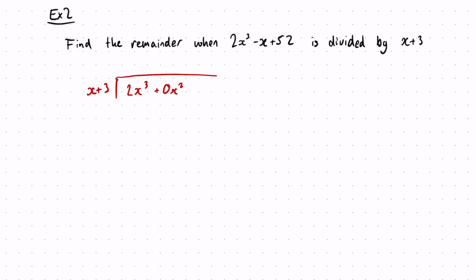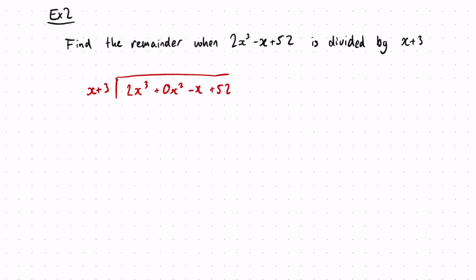Because when we multiply our x plus 3 by a value, we're likely to end up with a certain number of x squareds that you're going to need to be able to take away from the overall expression. So minus x plus 52. So all I've done is chuck in the 0x squared.